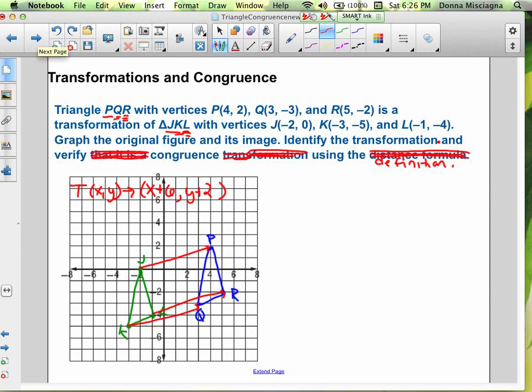All right, so how do we know that these two triangles are congruent? Using the definition.